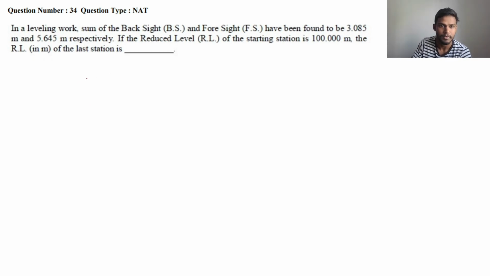Last station. So we all know that summation of backsight minus summation of foresight is equal to last RL minus first RL. Summation of backsight is given as 3.085. Summation of foresight is 5.45. Equal to last RL, which is what we have to find out.